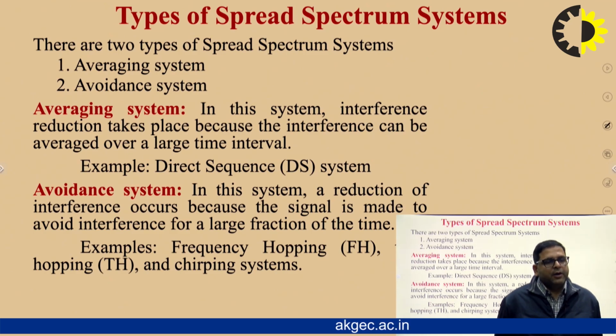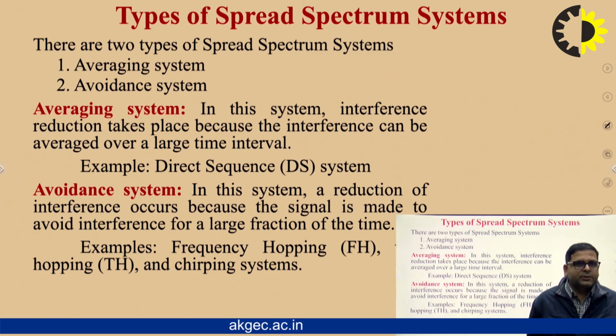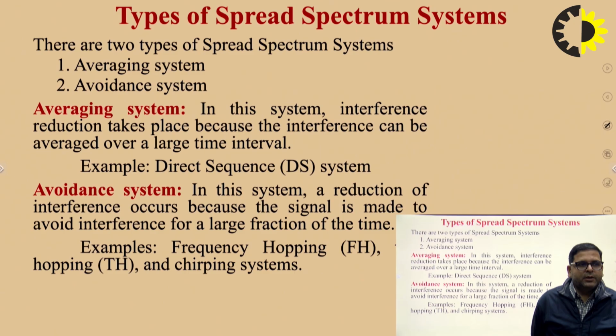While in the avoidance system, as the name suggests, it avoids the interference. In this system, the reduction of interference occurs because the signal is made to avoid interference for a large fraction of time, and its examples are frequency hopping, time hopping, and chirping systems.